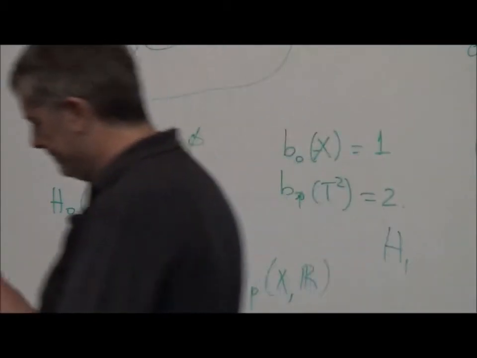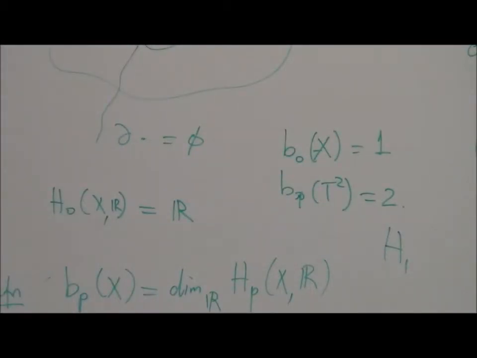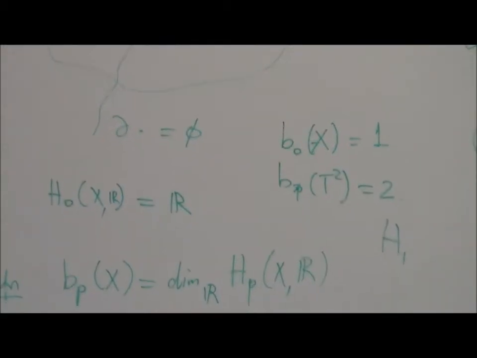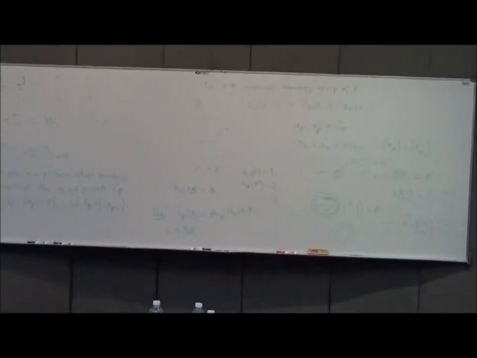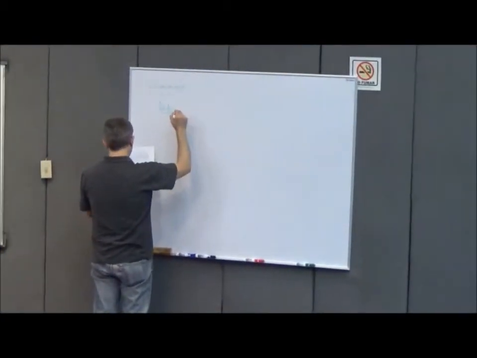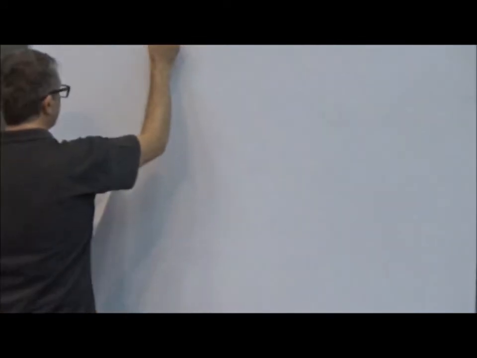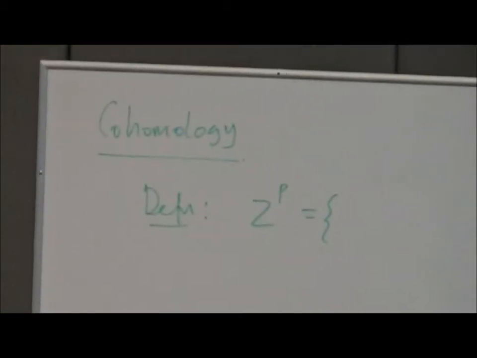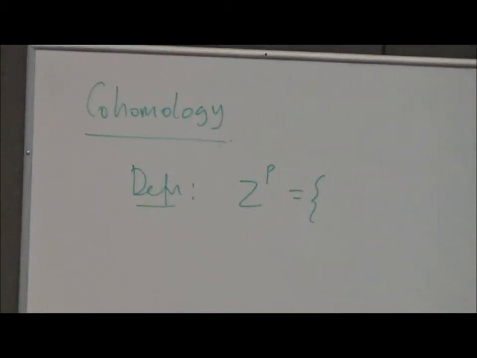Okay. Now, in the last 10 seconds, we'll do cohomology. Definition. Now, Z with a p upstairs. It's a nightmare. Homology is labels down, cohomology labels up, okay?